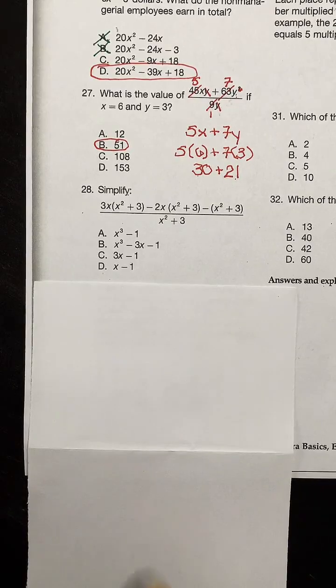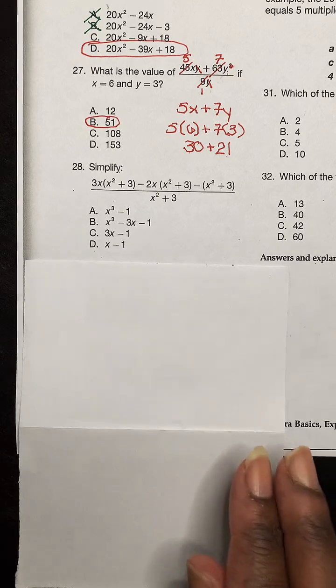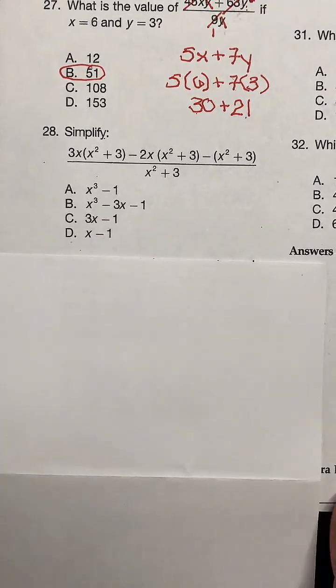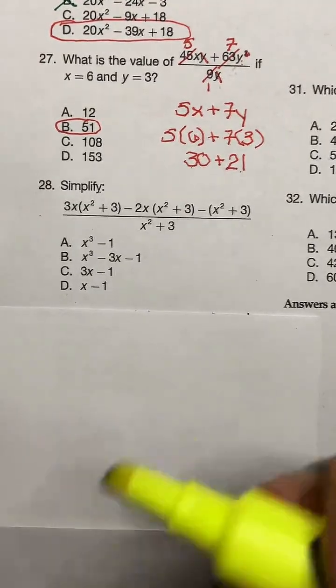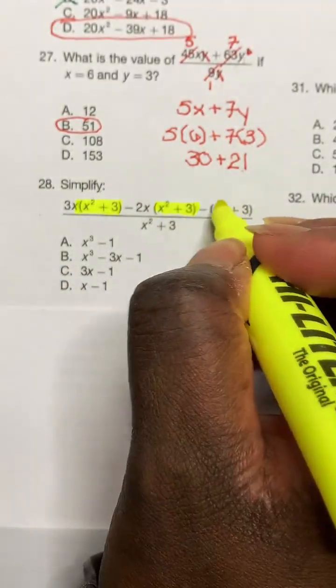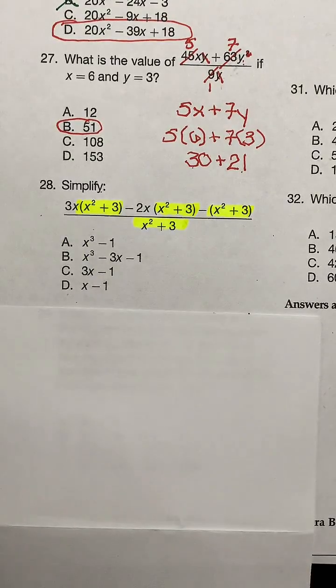All right. Now let's get back to this problem here. So hopefully you guys have noticed that. Let me highlight it for you. Each of the stuff inside the parentheses was exactly the same. So what we could do is we can cancel some things out and then see what's left behind.